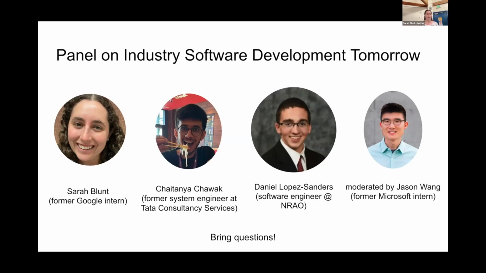So we've got 4 folks, including me and Jason, Chai, who's a remote TA online, and then Daniel, who's somewhere around here. Where are you? Daniel's in the back there. So all of us have experience both in academia and industry, and we're going to share our experiences with you. So please bring questions. I think Jason has a couple of questions to get the panel started, but then most of the time will just be answering whatever y'all want to know.